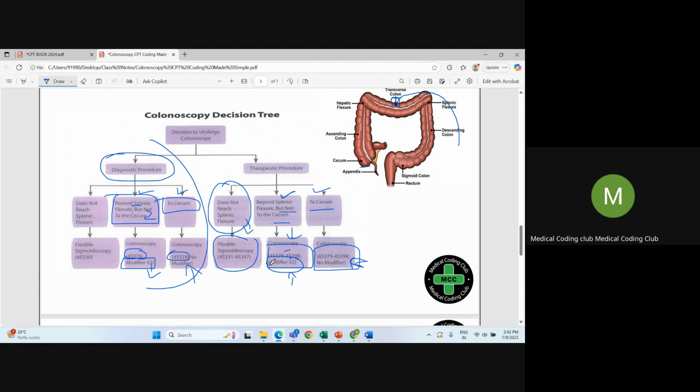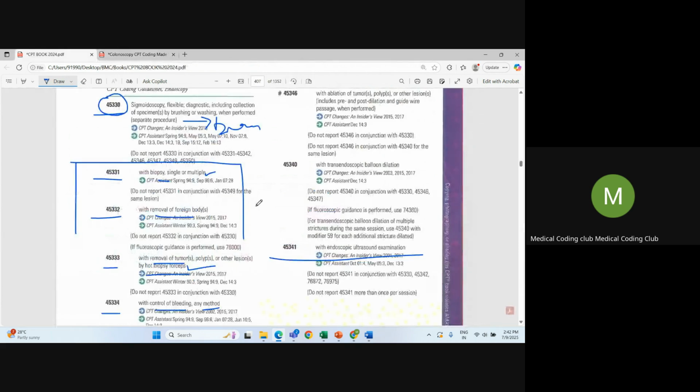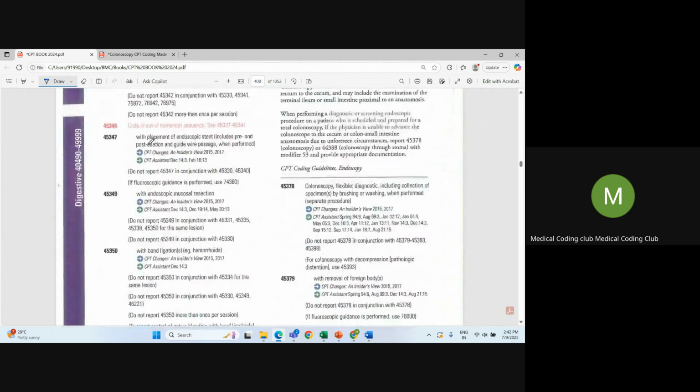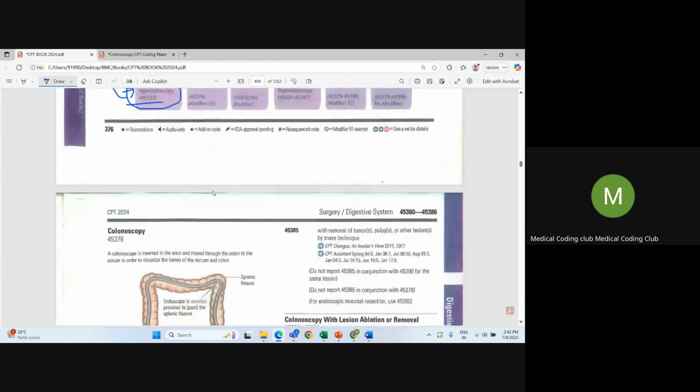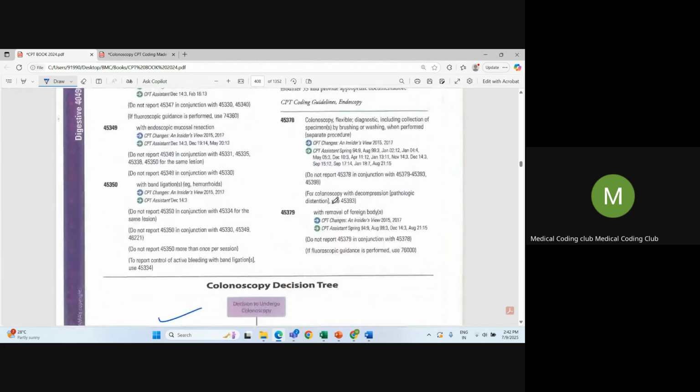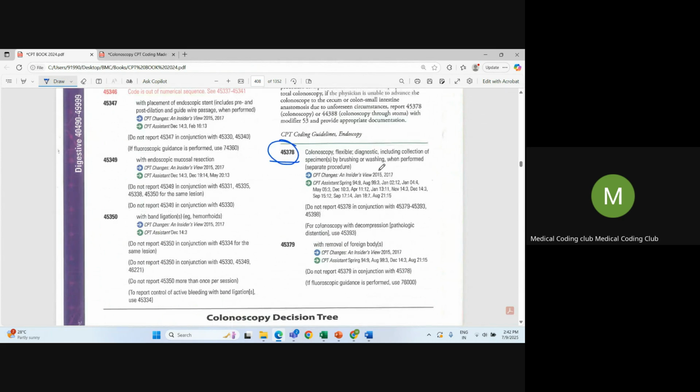Okay, so see these codes, 45378 to 45398. Up to here, it is the lower portion, that is sigmoidoscopy. After that, you have codes from 45378. This is a diagnostic colonoscopy procedure.